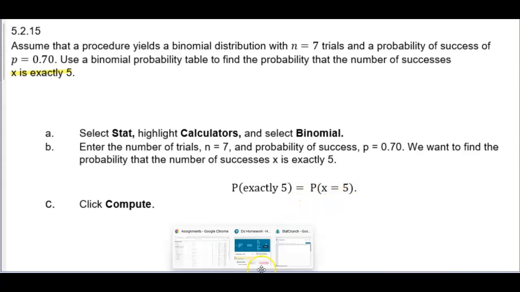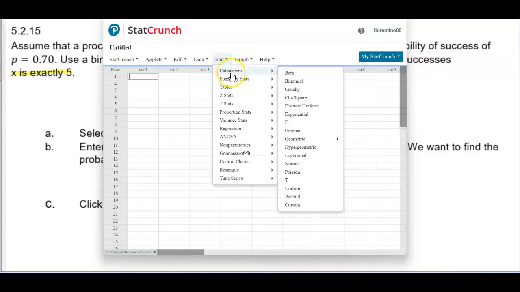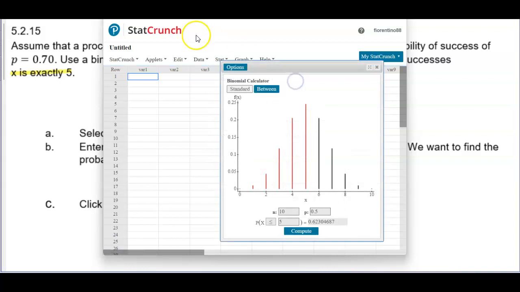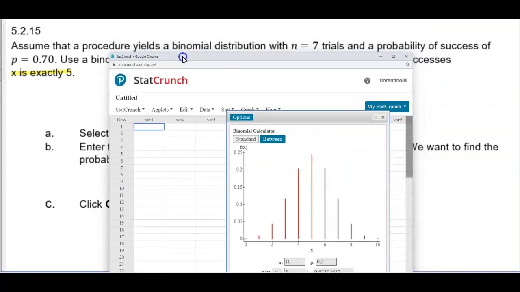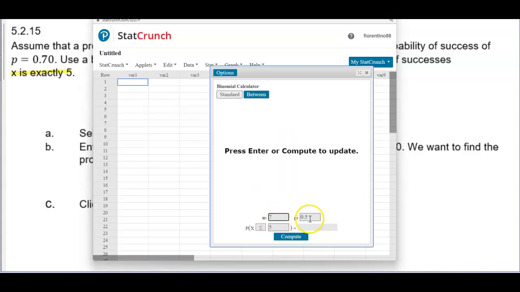So I'm going to open up StatCrunch. The first thing we're going to do is go to Stat, go to Calculators, and then select Binomial. Now remember again, it says here that n is equal to 7 and p is equal to 0.70. So we're going to change our n here to make it 7, and then change the probability here to be 0.70.